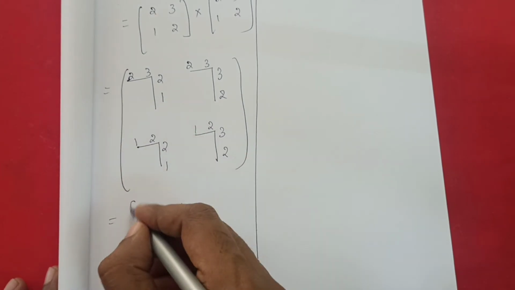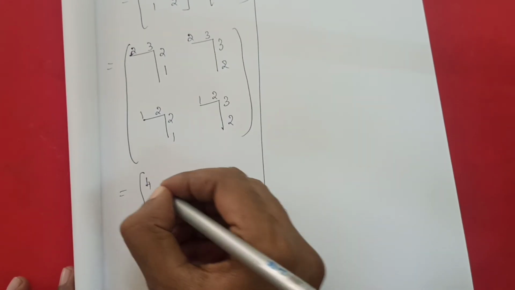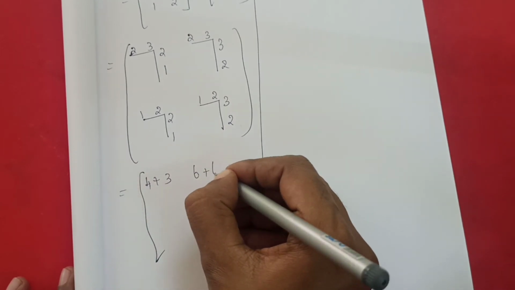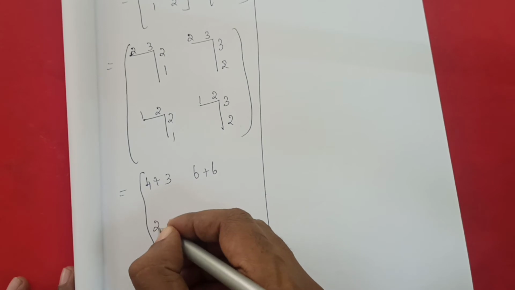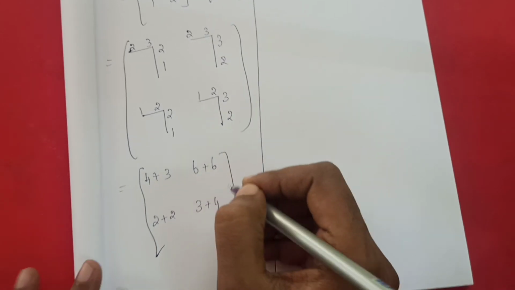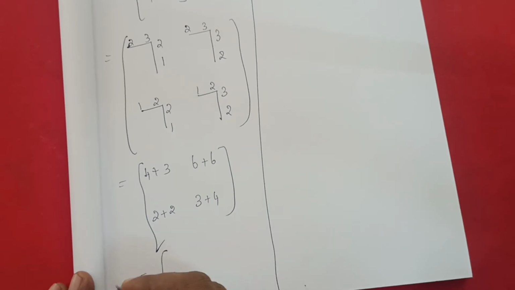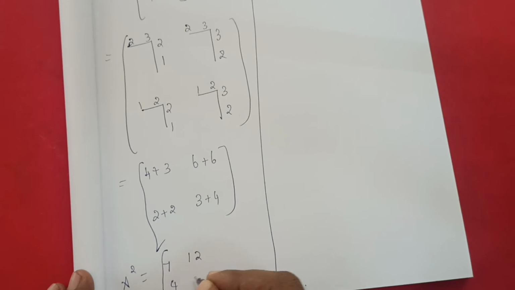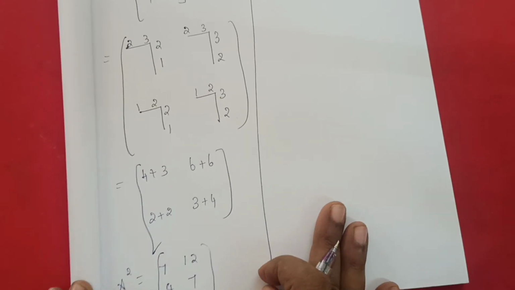So 2 into 2 is 4 plus 3. Then 2 into 3 is 6, 6 plus 6. Then 2 into 1 is 2, 2 plus 2. Then 1 into 3 is 3, 3 plus 4. So finally, A square is 7, 12, 4, 7.